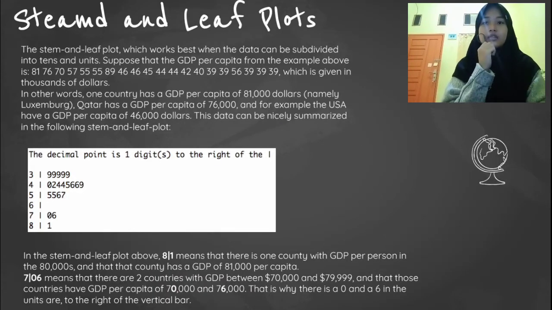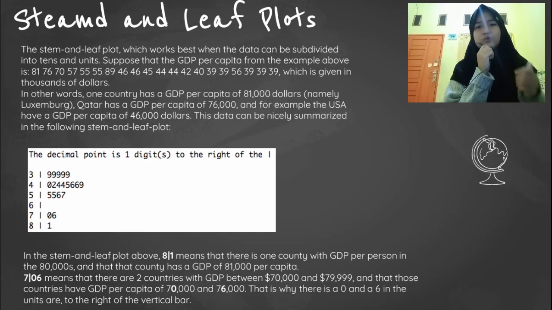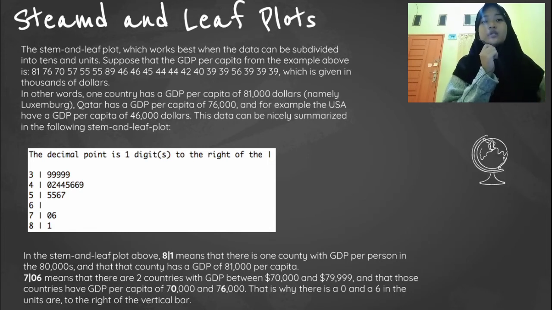The next one, stem and leaf plots, is a way which works best when the data can be subdivided into tens and units. Suppose that the GDP per capita from the example above is 81, 76, and so on, given in thousands of dollars. So in other words, if one country has a GDP per capita of $81,000, namely Luxembourg, for example, we are going to hide the decimal points.